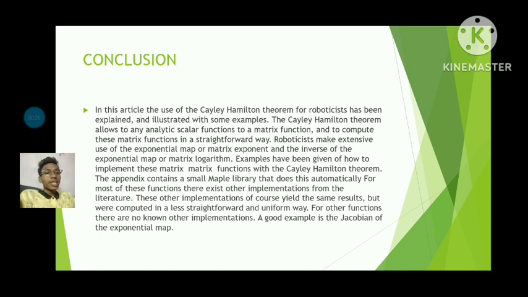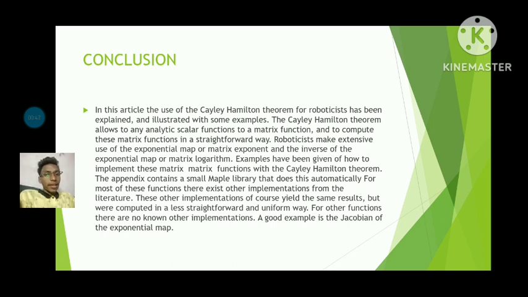Roboticists make extensive use of the exponential map, or matrix exponential, and the inverse of the exponential map, the matrix logarithm. Examples have been given on how to implement these matrix functions with the Cayley-Hamilton theorem.